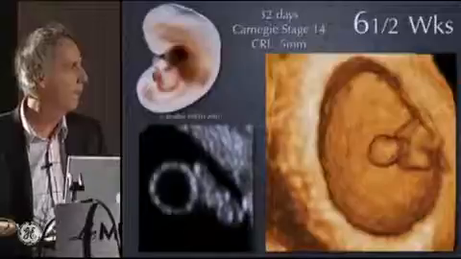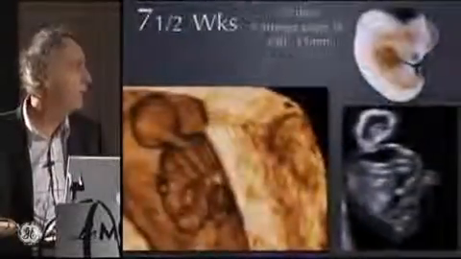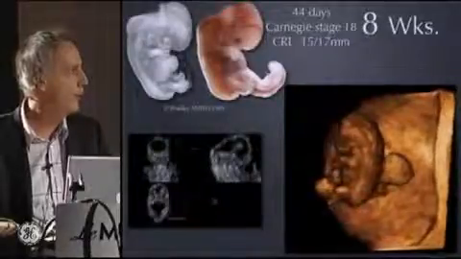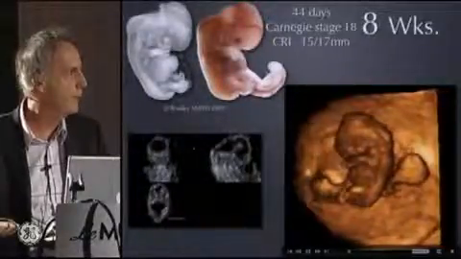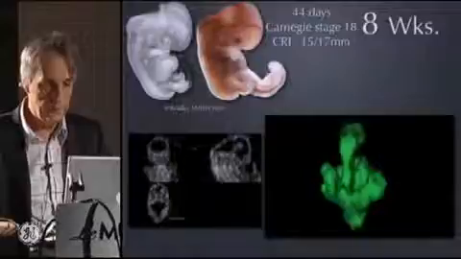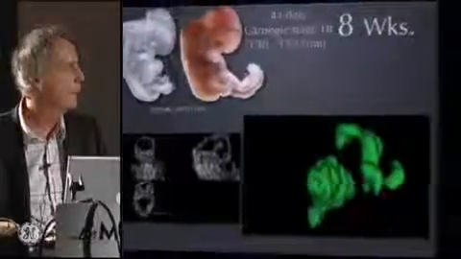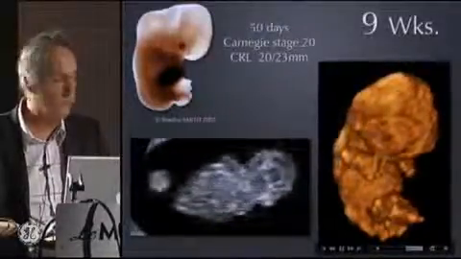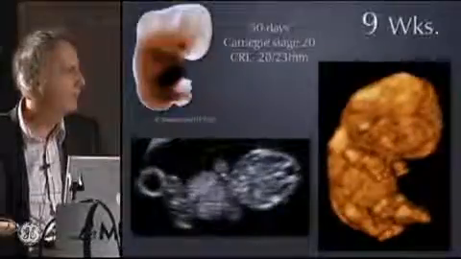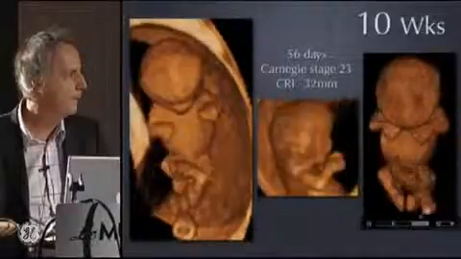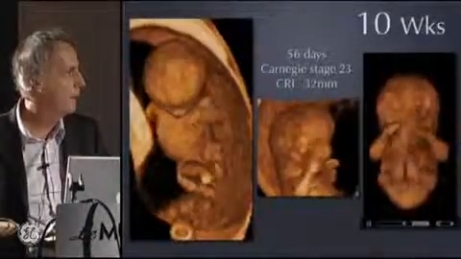This is a yolk sac. 7.5 weeks. 8 weeks with brain cavities, the back, the limbs, the umbilical cord. 9 weeks with the hand, fingers. 10 weeks with a typical position of the feet here, the umbilical cord and the midgut hernia.